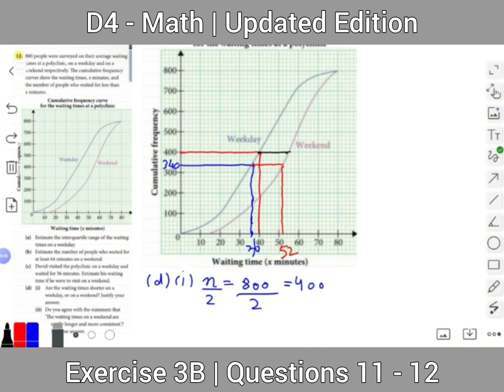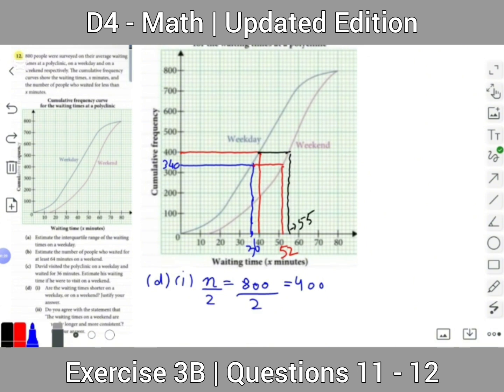Now from the point of intersection on the curve representing the weekend, we will draw a vertical line until it touches the x-axis. So here we have the value after 50, 52, 54, 56. Between 54 and 56, here we have the value approximately 55.